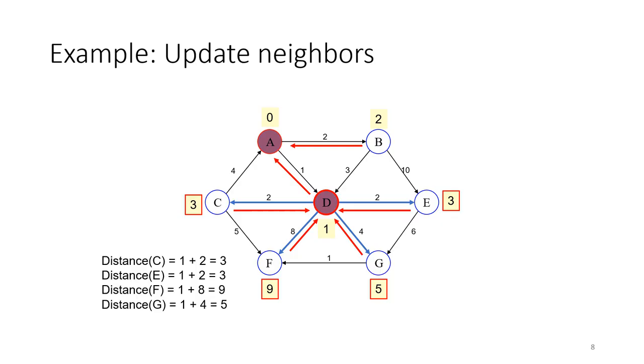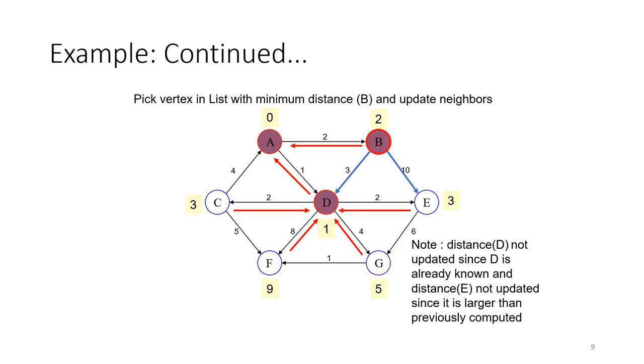If you remember, the distance to node B is still 2 because it is not changed. So out of all possible distances, at every iteration we pick the minimum one. So here the minimum distance is B, which is 2, and we can directly go from A to B. So the next node that we are going to pick is B.